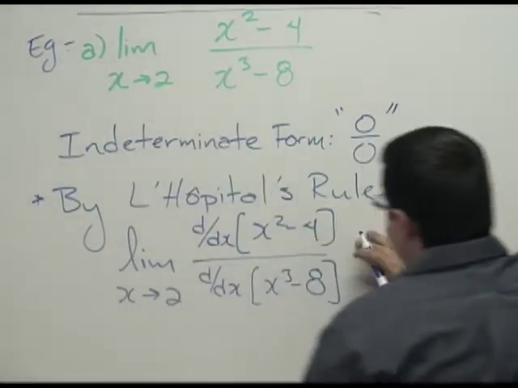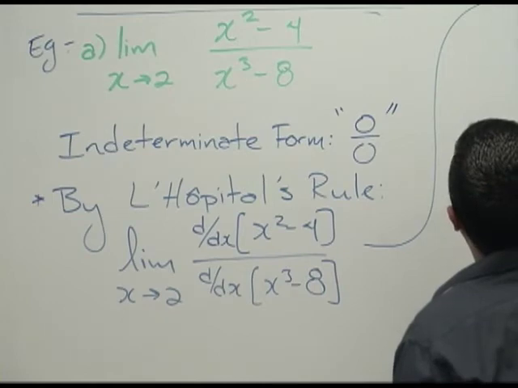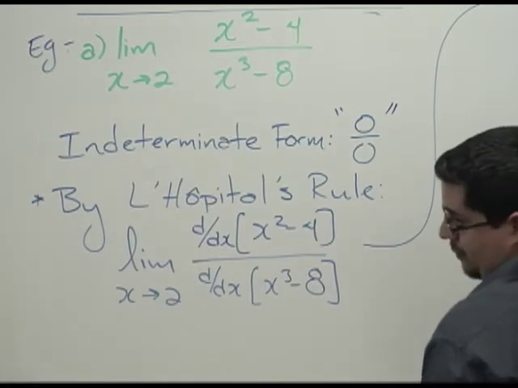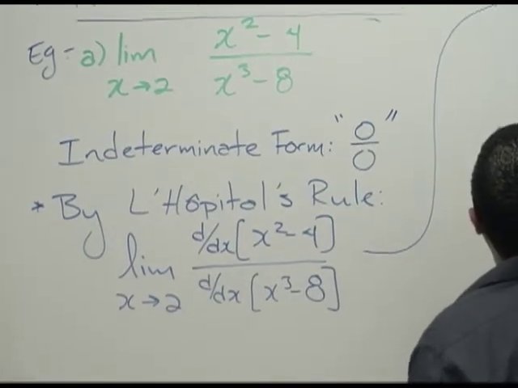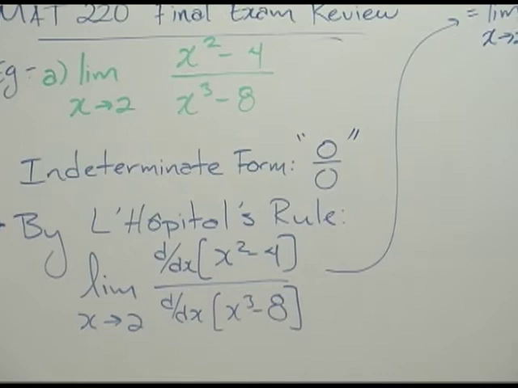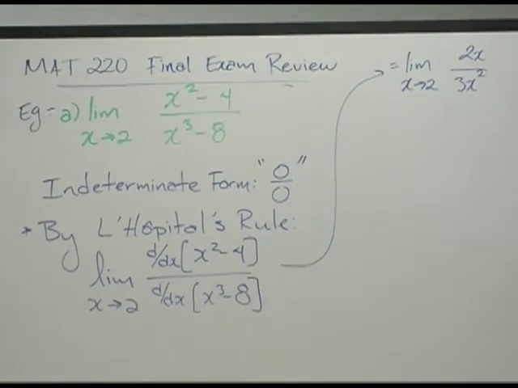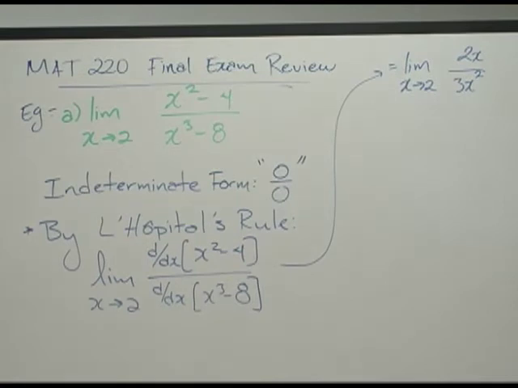Okay? And if you do it this way, then you're looking at the limit as x goes to 2 of 2x over 3x squared. Okay, questions? No? So at this point, what can we do? Plug in the 2.